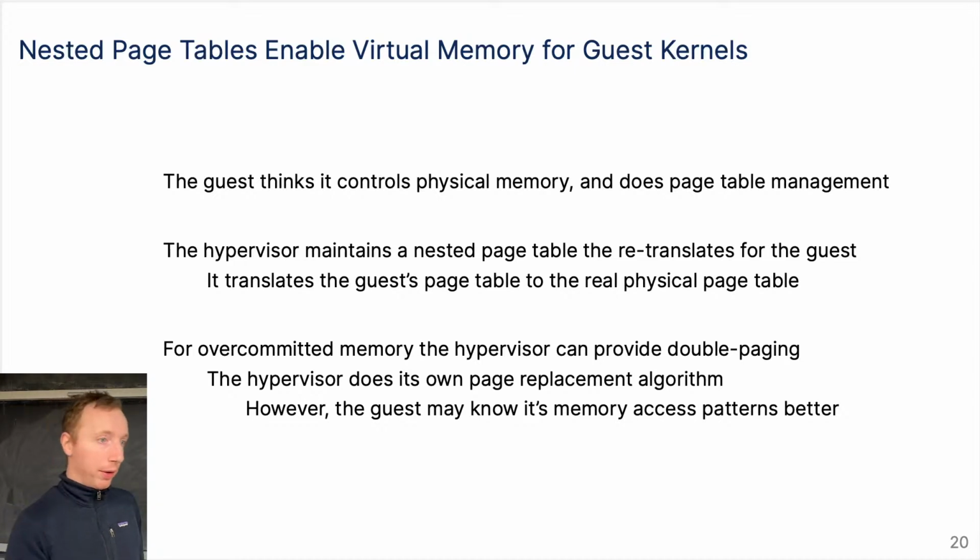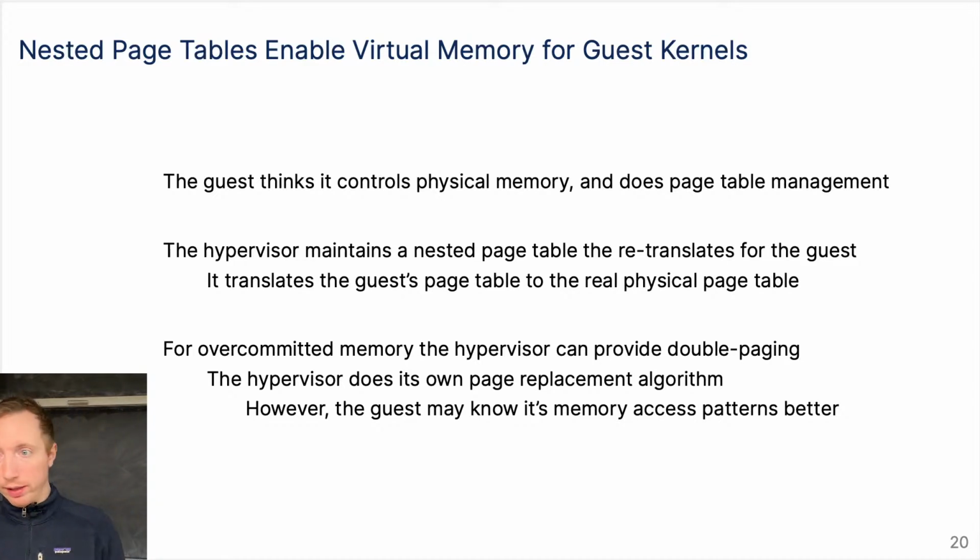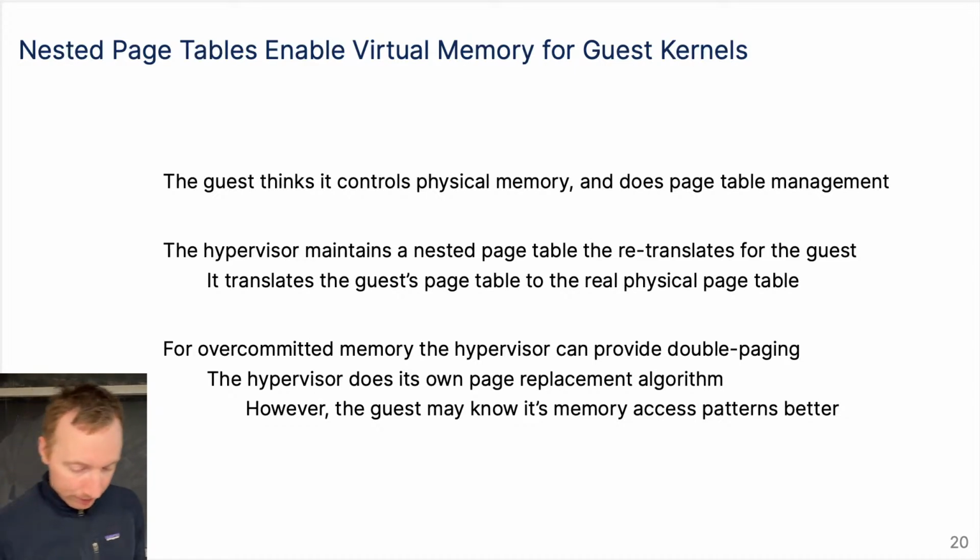And because you have hardware support, in your TLB you can go ahead and cache the whole translation from the virtual address in the virtual machine to a real physical address. So on cache hits, it's still fast and you get all your performance back, but you need hardware support for this. And then if you're overcommitted on memory, it gets really complicated.